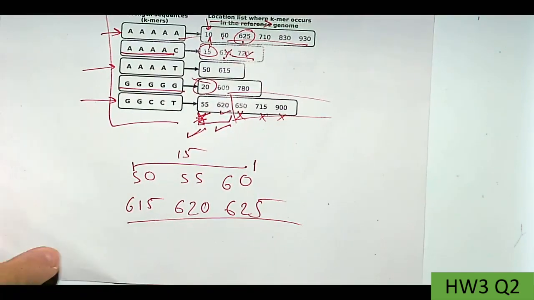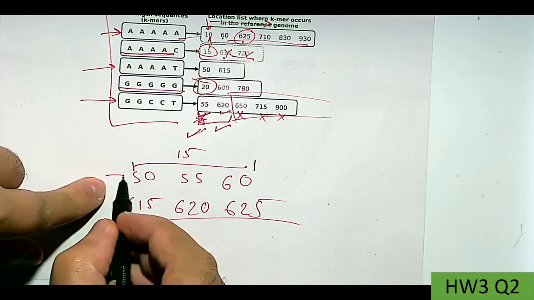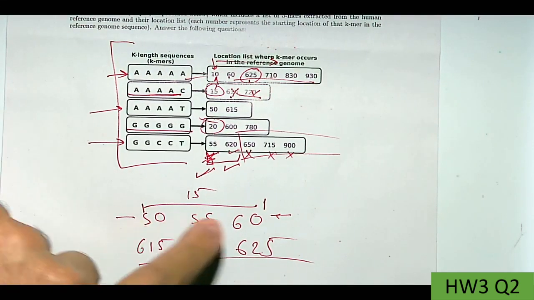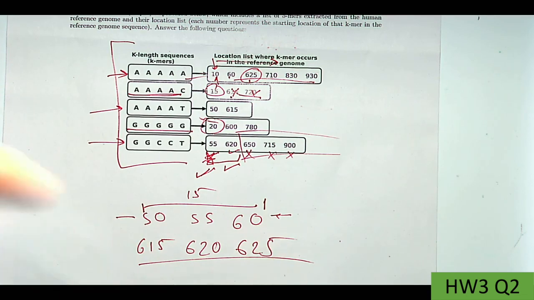So the length of this is 15 again, similar to the length of the read. So you have from 50 to 65, this portion in the reference. The reference is 3 billion characters, around 3.2 billion, okay? So we only go to the location 50 all the way to 65. Then we pick this string, go to the read, and compare them together. Now they are of equal length.